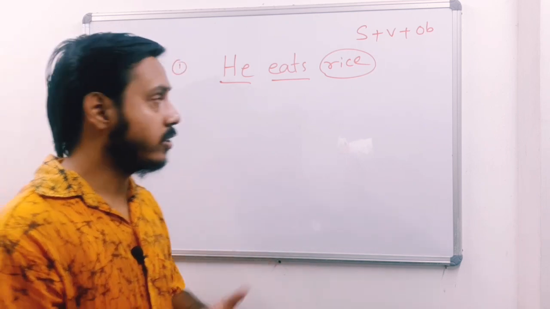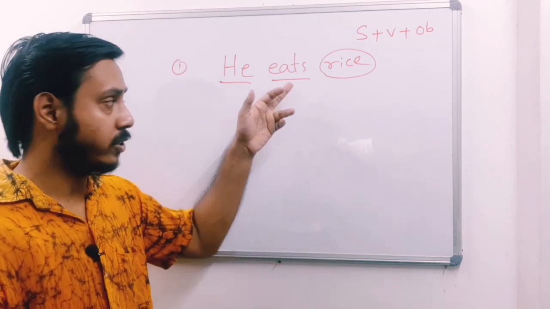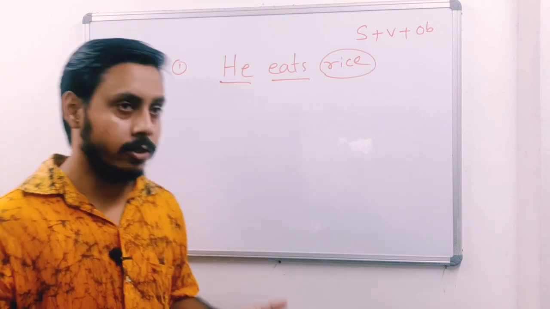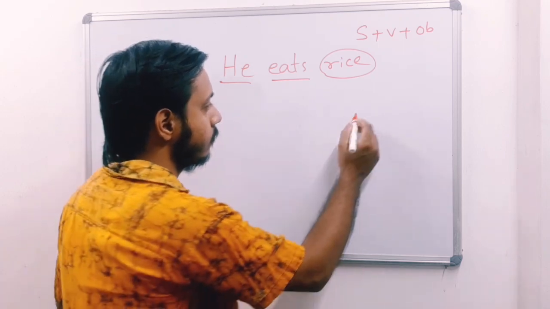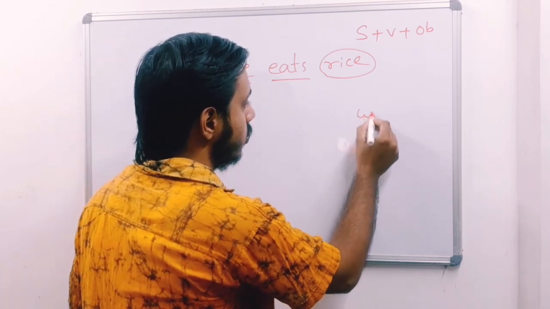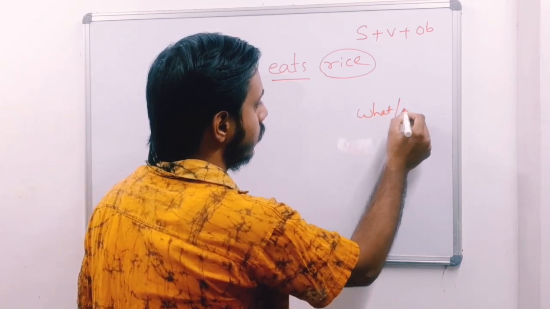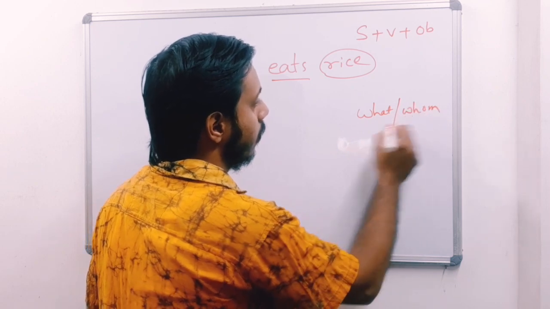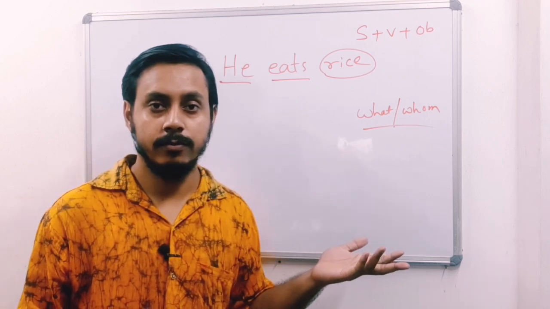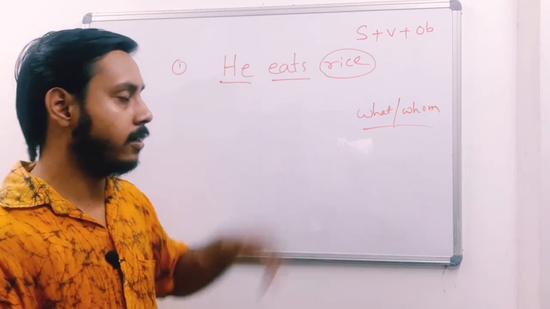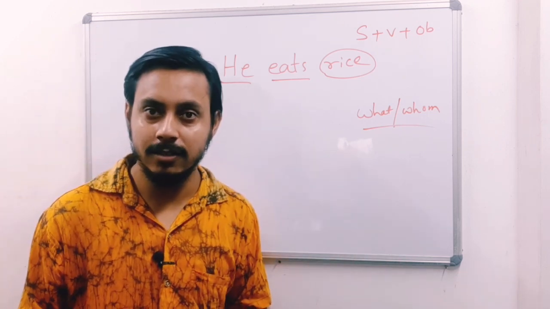Ask the verb a question. He eats what? You have to ask a question by what or whom. Let's try this method. He eats what? Do you get the answer? He eats rice.